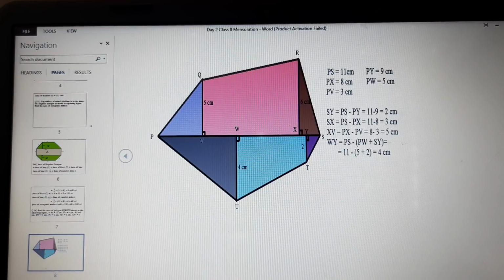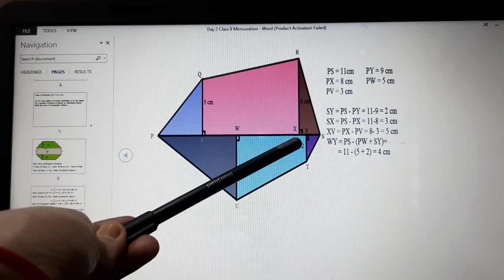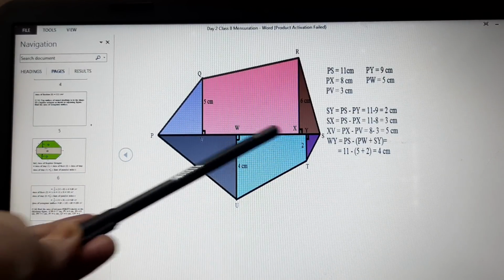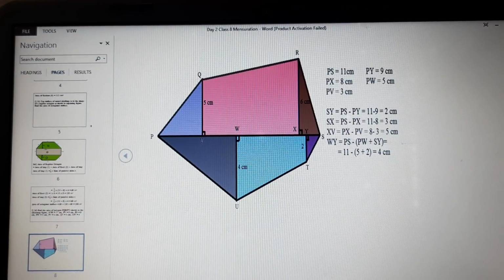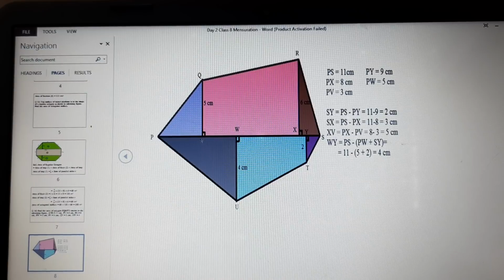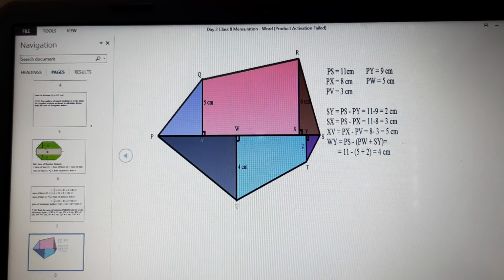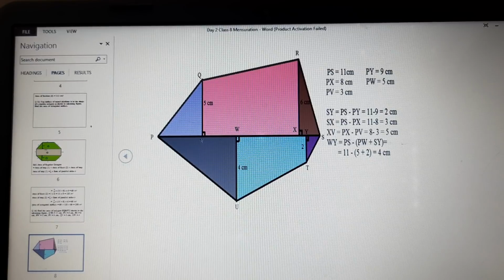PX is given, 8 centimeter, and PV is given as 3 centimeter. So VX becomes 8 minus 3. Are you getting it? VX becomes 8 minus 3, that means 5 centimeter, the distance between the parallel lines.